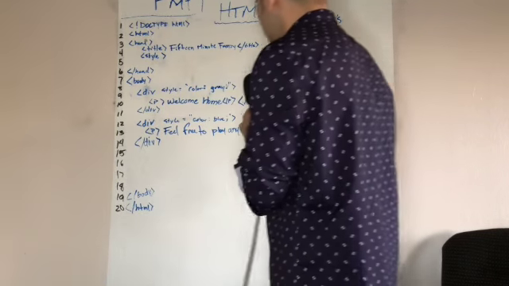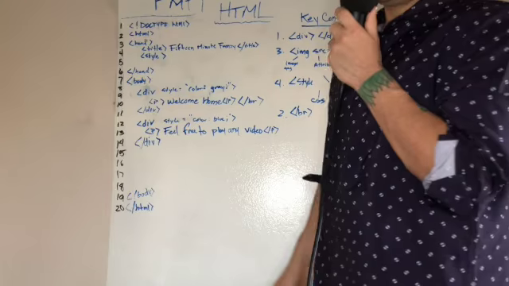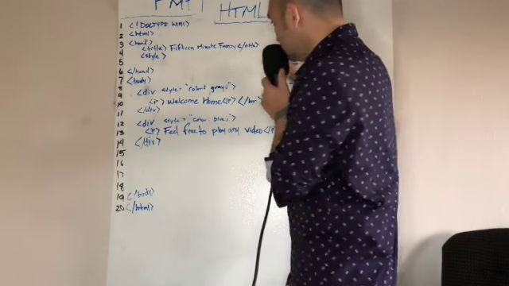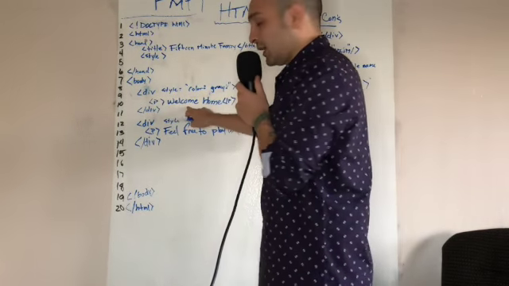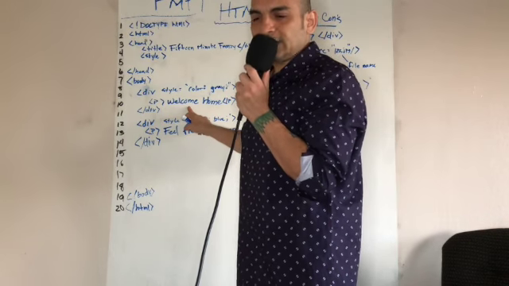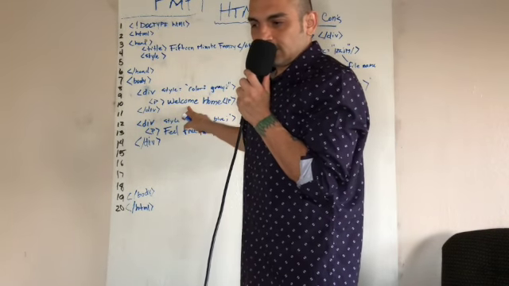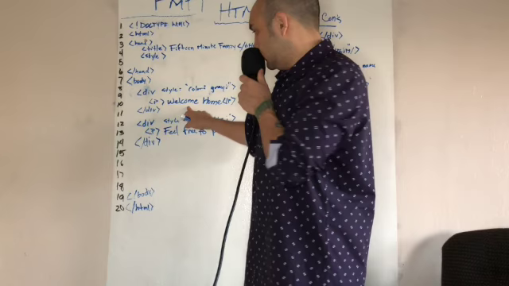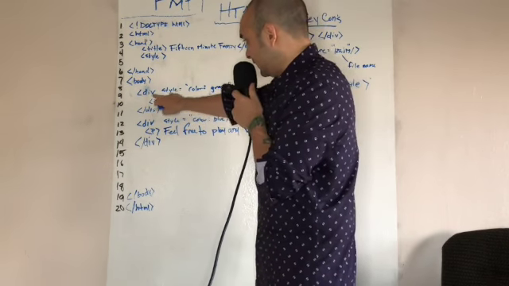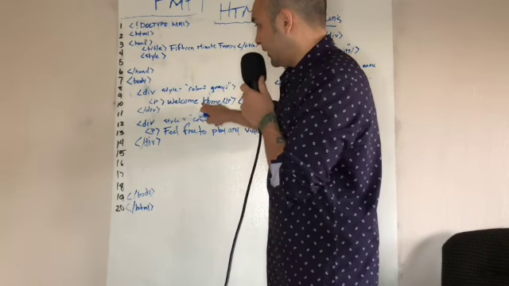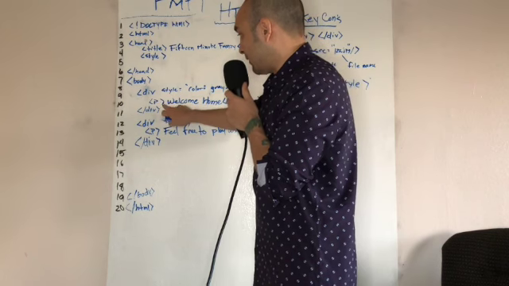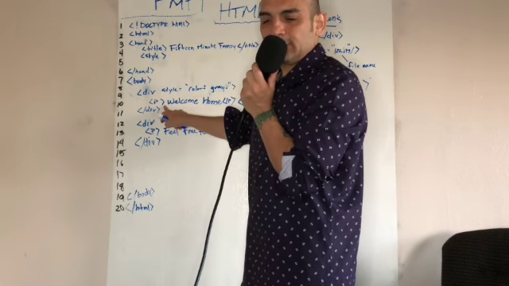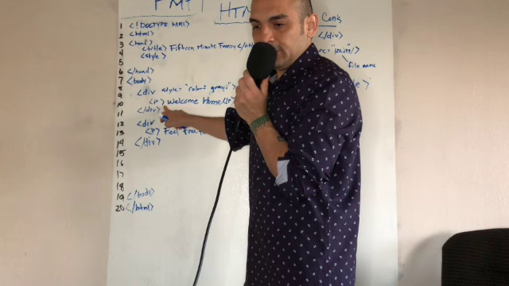Okay. Now, what you need to know about these divs is that these are the magic boxes that we talked about last episode. You want a div around every element that you have, so it's easier to maneuver within your page.